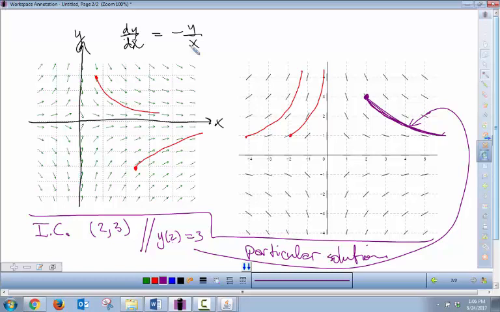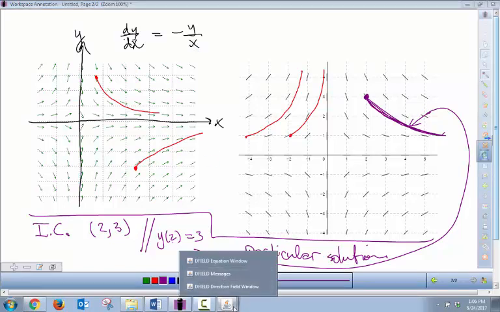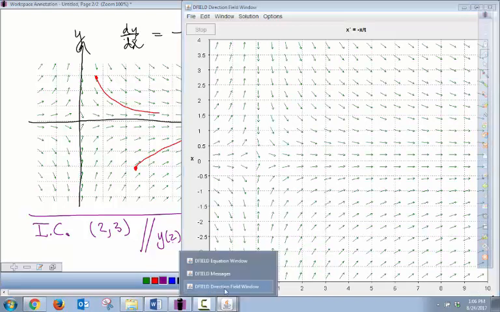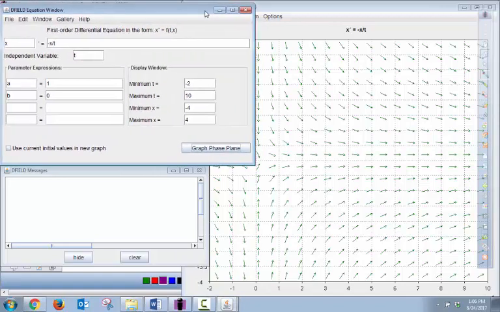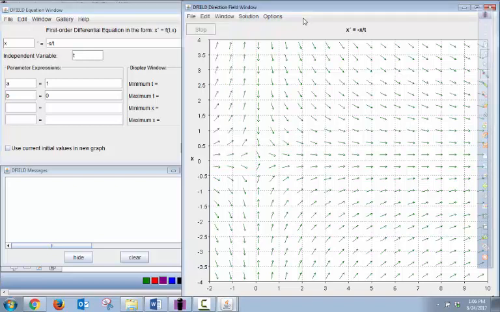Okay? Now let me go back to those programs over here. They have this added feature where if you have an initial condition, then they actually draw out the curve for you, the actual solution curve. So let's take a look at this, and 2, 3, right?